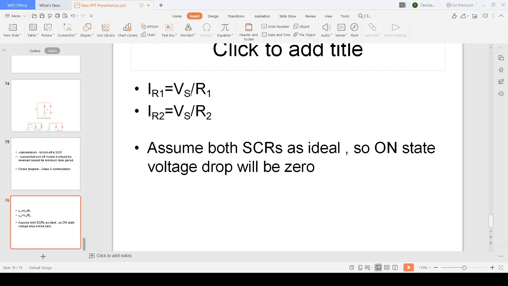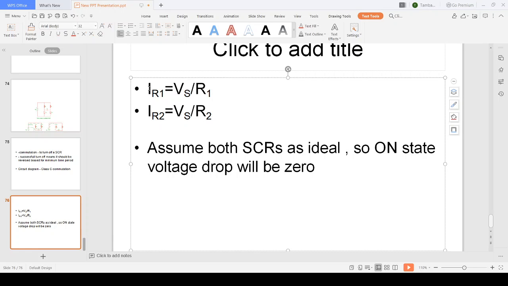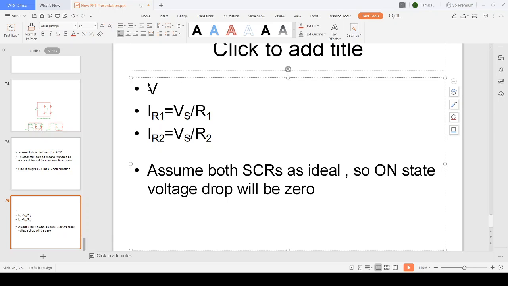We know Ohm's law, V equal to I into R. It means voltage equals current multiplied by resistance.